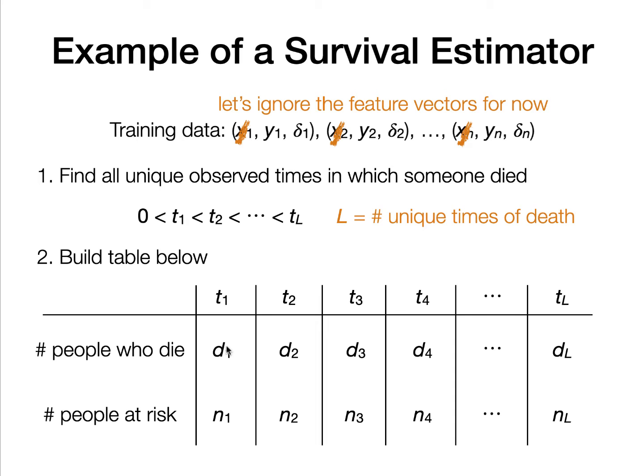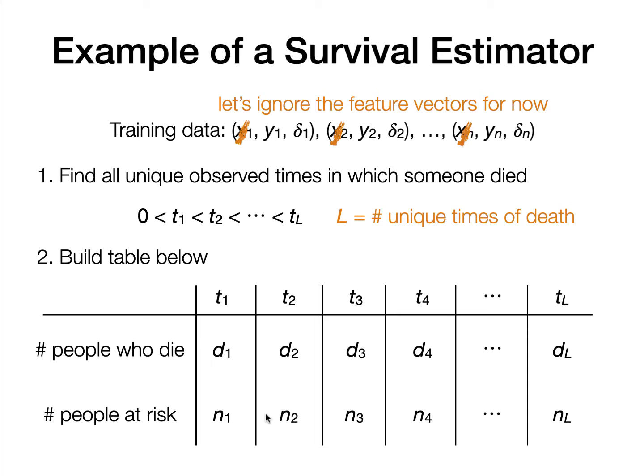Okay? N1 is typically going to be equal to the total number of training examples N, but some people die, but also some people can get censored. They drop out of the study. And after you subtract D1 from N1 and also subtract the people who dropped out of the study, that gives you N2. Okay, so in that sense, this table actually neatly accounts for censoring.